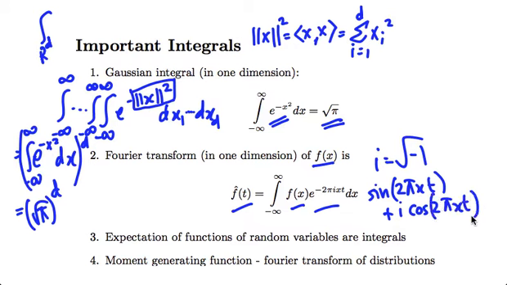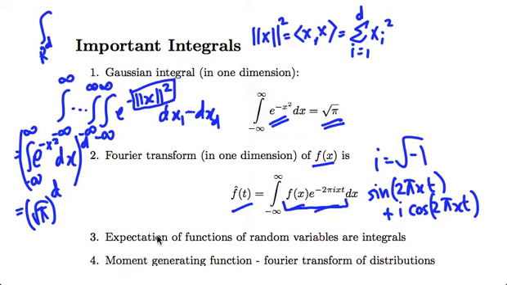Again, you should know this from your undergraduate math itself. And when I integrate this with respect to x, I get a function of t, and that function of t is the Fourier transform of f of x. If you are not familiar with the Fourier transform, hopefully you'll learn about it in other courses.